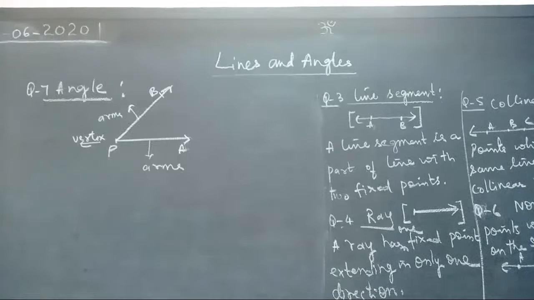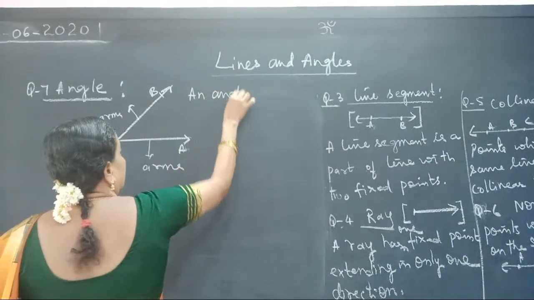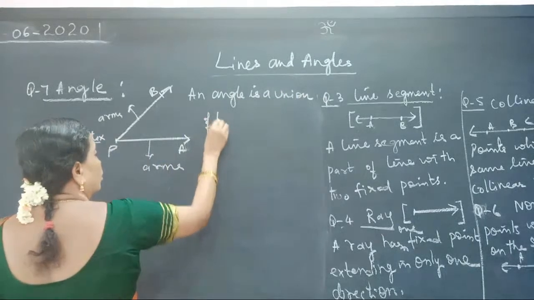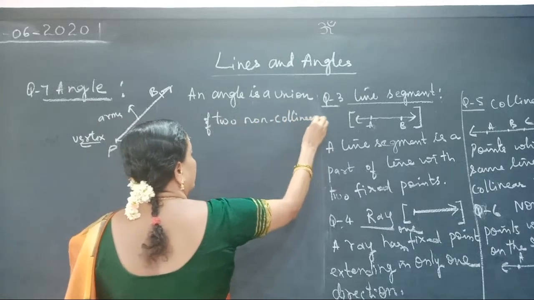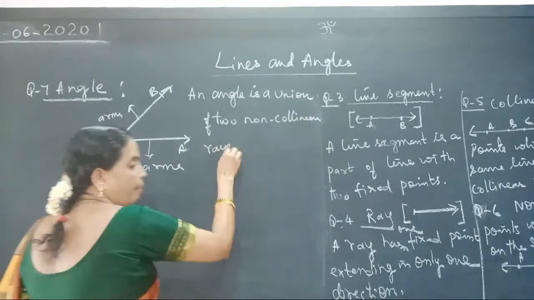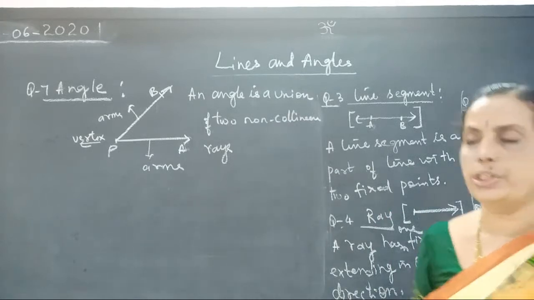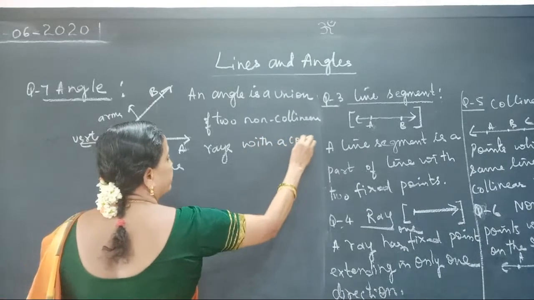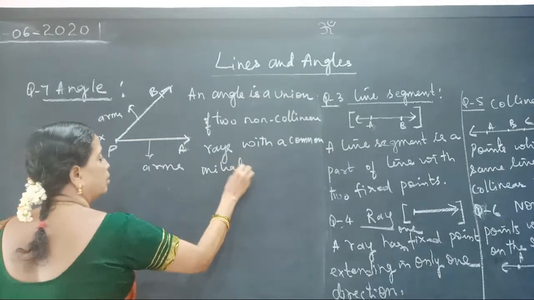Below the figure, an angle is the union of two non-collinear rays with a common initial point.